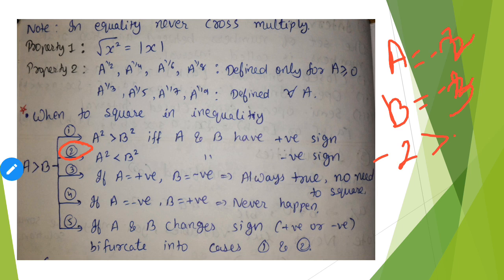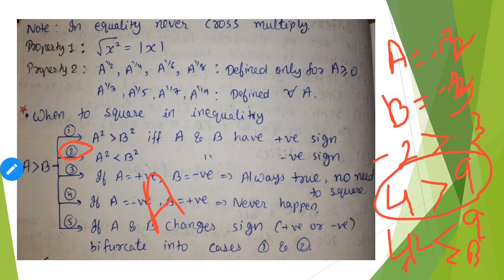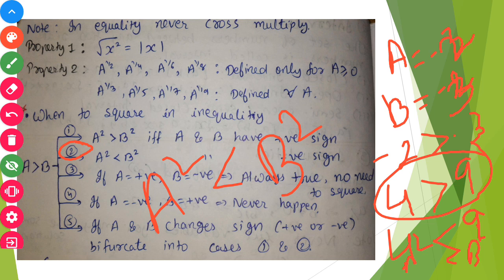Now if we square, 4 is greater than 9. Is it right? No. Here we have to change the inequality sign. So we write 4 is less than 9, that is, a square is less than b square. I hope you understood this example.